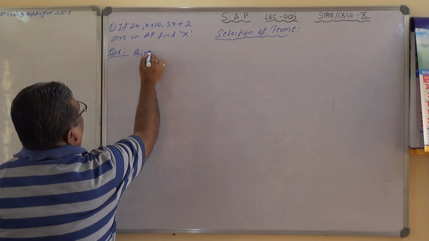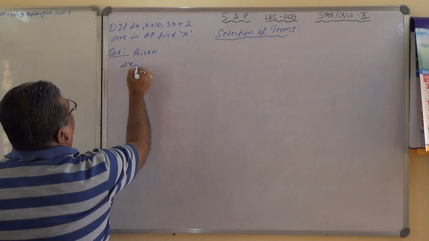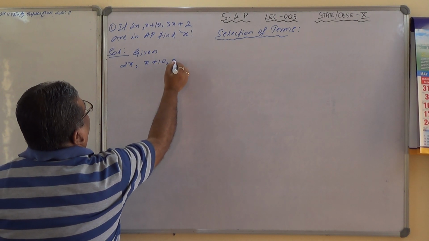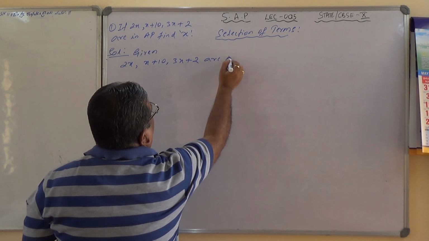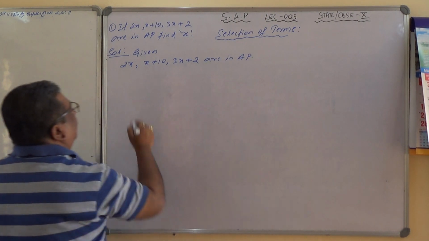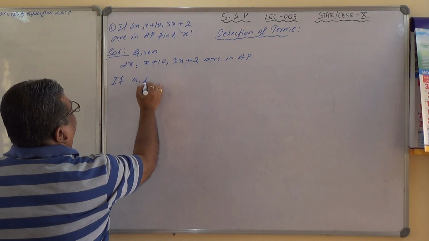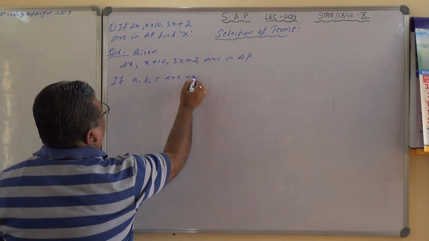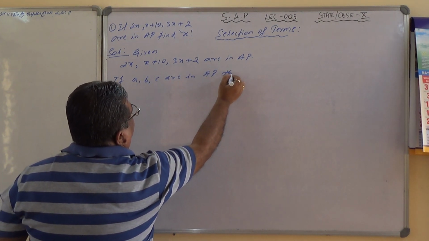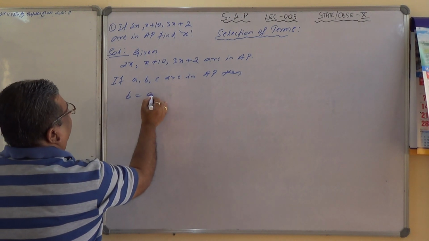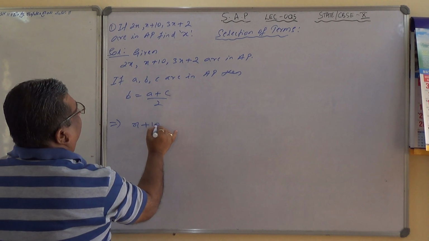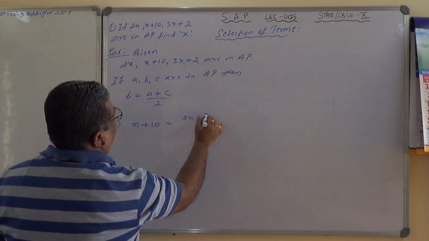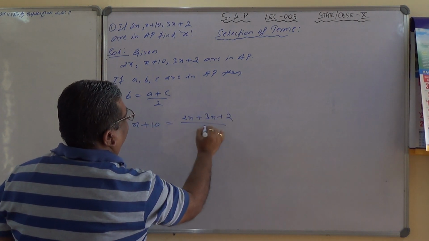Given 2x, x plus 10, 3x plus 2 are in AP. So if A, B, C are in AP, then B equals A plus C by 2, implies x plus 10 equals 2x plus 3x plus 2 divided by 2.